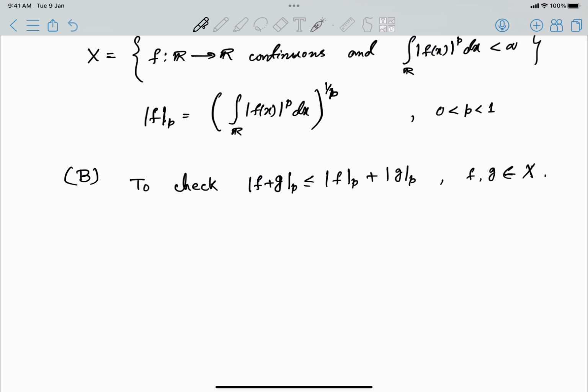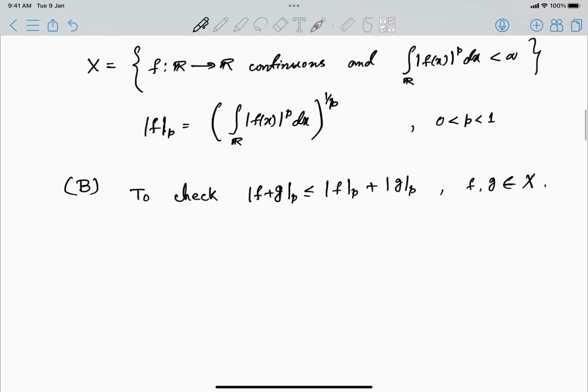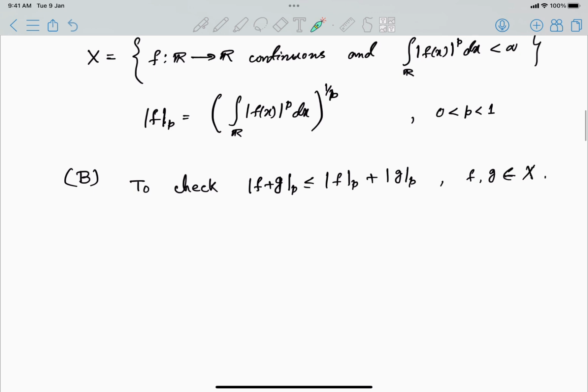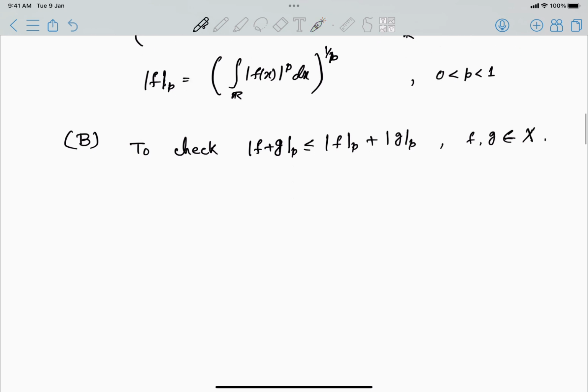So we'll show that this is not true. You can easily check this by taking a characteristic function, but note that the characteristic function is not in this class X. We have to take a continuous function. So we will modify this characteristic function a little bit to make it continuous. So what is the idea? Let me tell. Suppose this is 0 and this is 1.